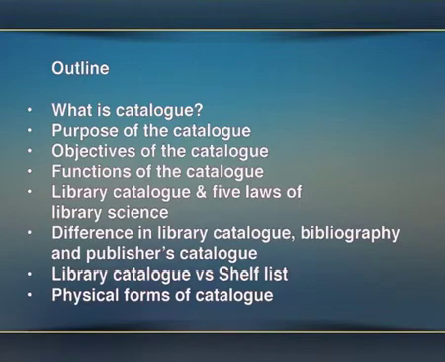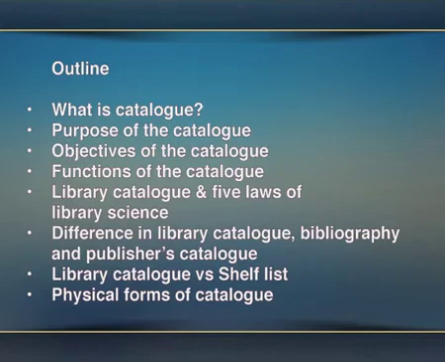So primarily, I would like to tell you the outline of this session. We will understand what is a catalog, what is the purpose of the catalog, what are the different objectives, what are the different functions, and library catalog and the 5 laws of library science, that is, how a library catalog addresses the 5 laws of library and information science.